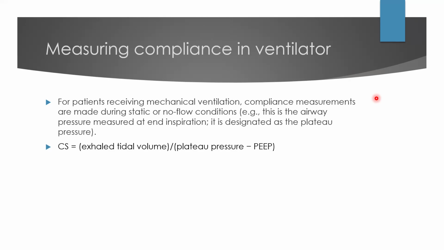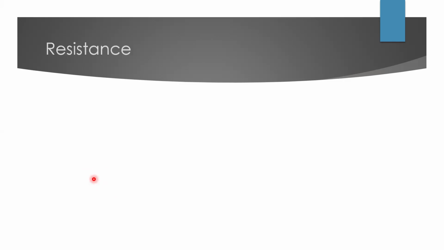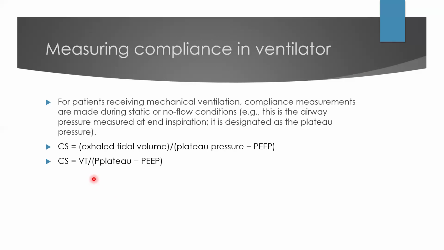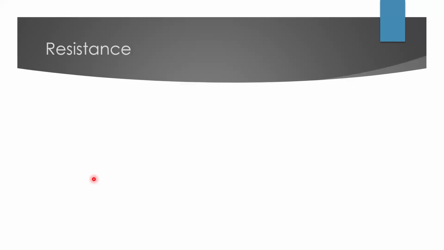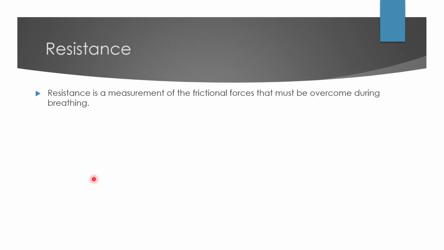The change in volume will be the tidal volume. So the compliance of the lung will be the tidal volume divided by the plateau pressure minus the PEEP. That is the formula to calculate the compliance of the lung in the ventilator. Usually the ventilator displays the measurements automatically.